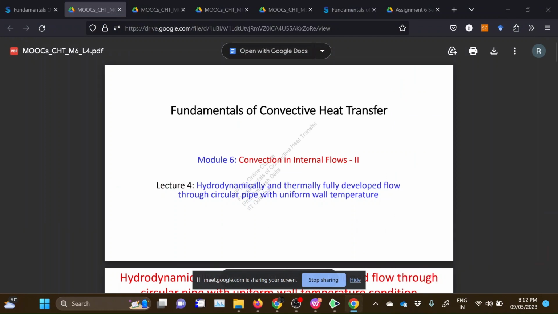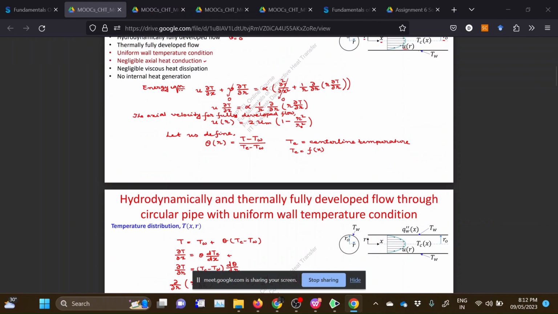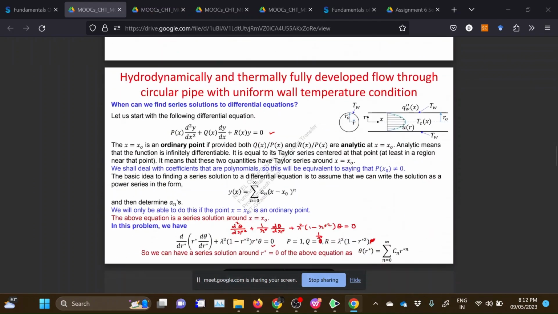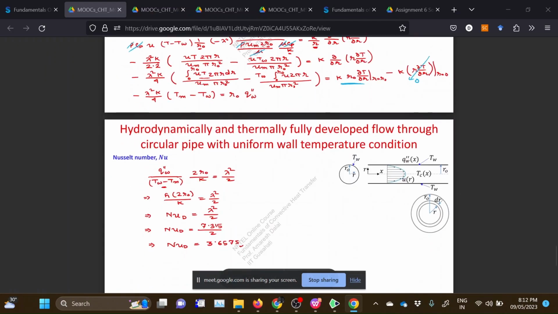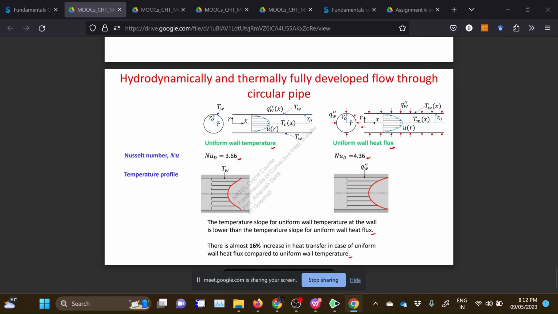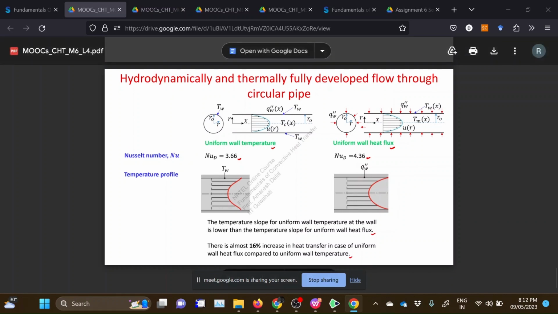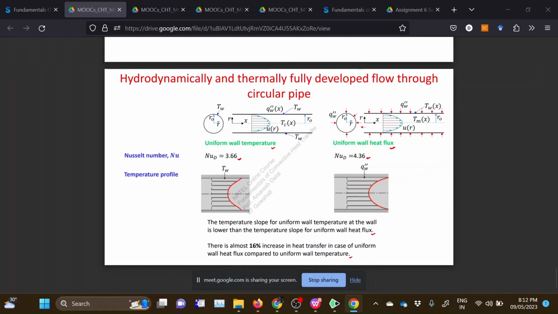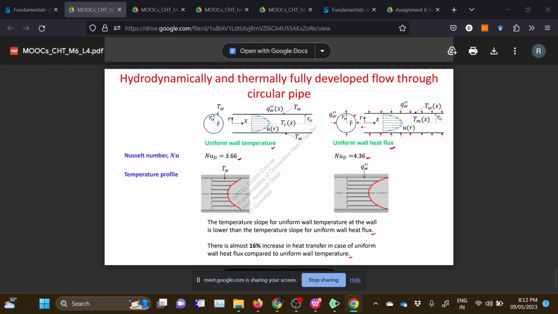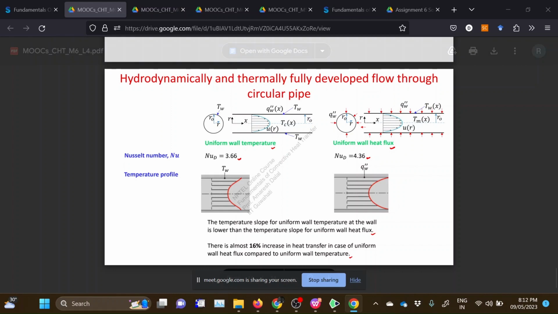So this is lecture 4 of week 6. Towards the end, you said, right? Yes, sir. So Nusselt number 3.66, 4.36, the temperature slope, and so on. There is almost 16% increase in heat transfer in case of uniform heat flux compared to uniform wall temperature. Okay, so maybe this is where you got the answer, but you get my point, right?